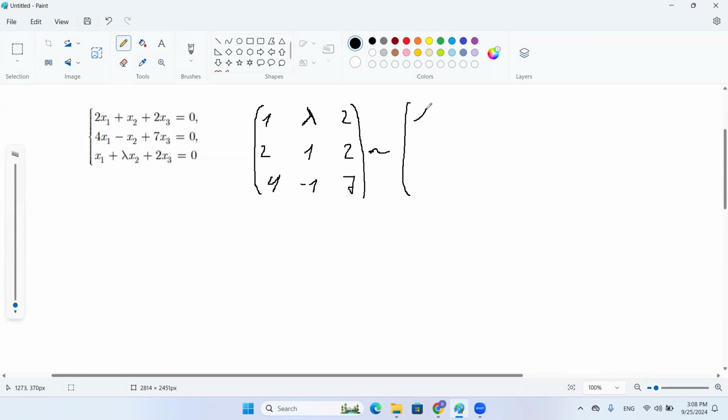So now I will eliminate the coefficients in these rows. So 1, lambda, 2. Here I have zeros. And here, what should I write? Which coefficients? Let me move this a little bit to the right.